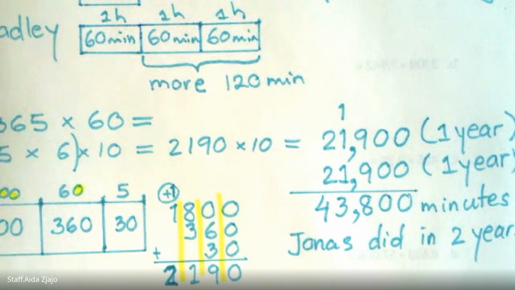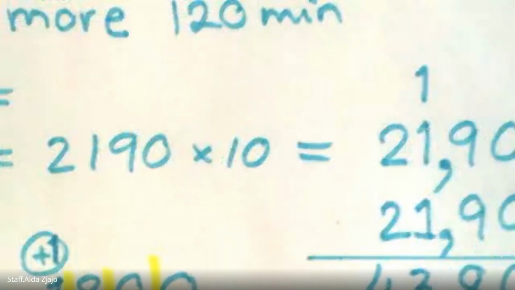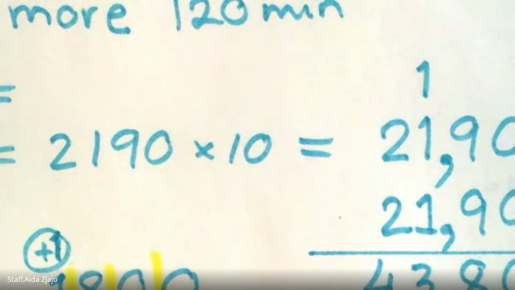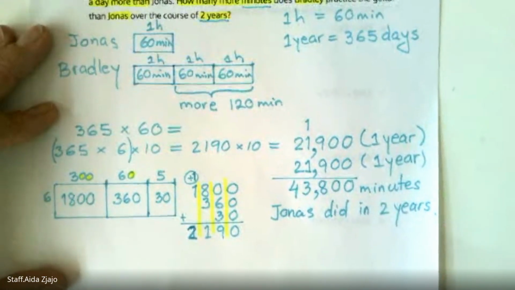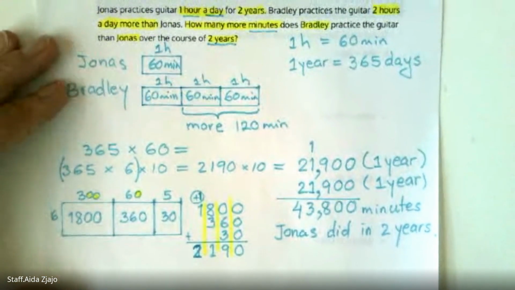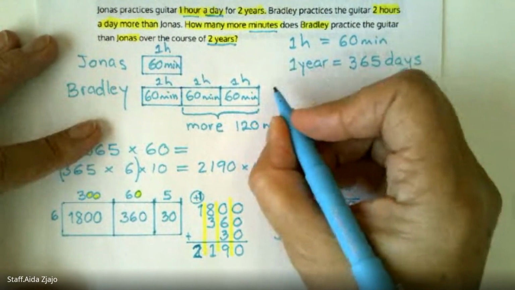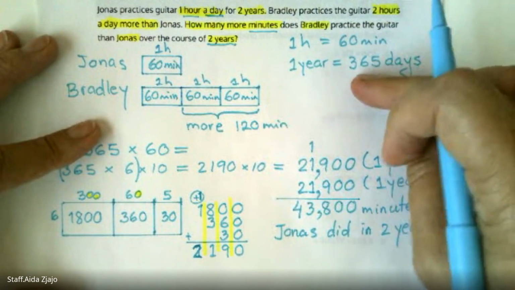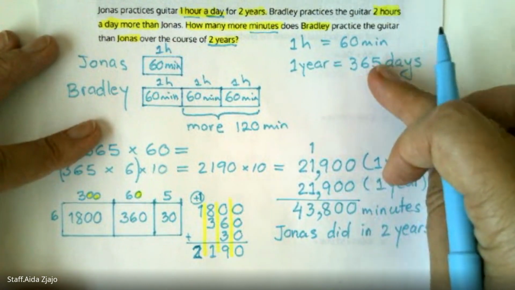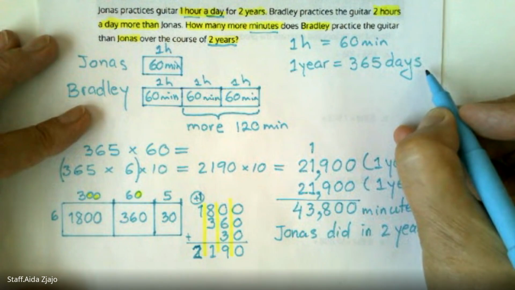Okay, so let me make it smaller. If we did 180 minutes times 2 years, this is 1 year, 365 days.